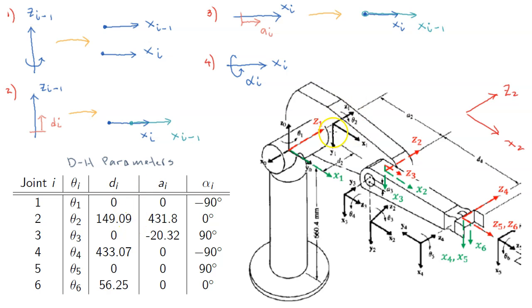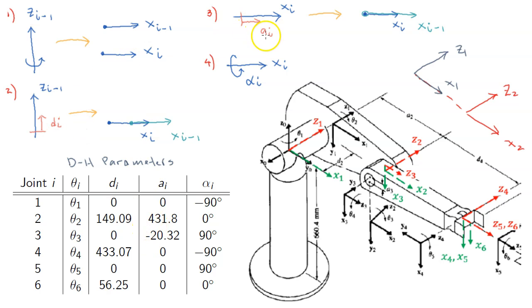Next, you have to imagine that the coordinate frame is over here. Let me just, so it's here. Let me use another color maybe. So this is Z1 and X1 is this way. Next, number 3, we have to find now A2.